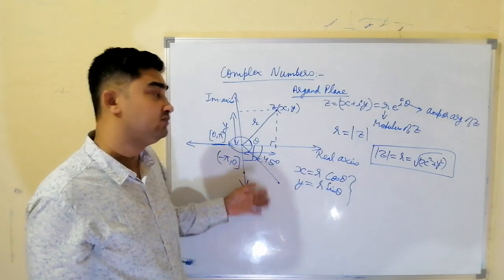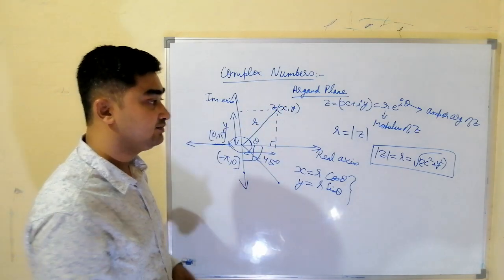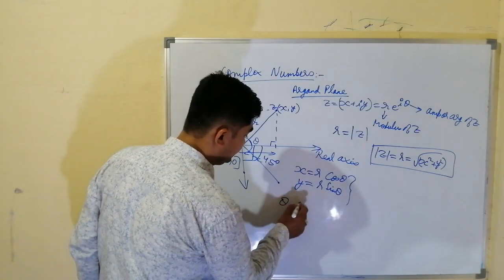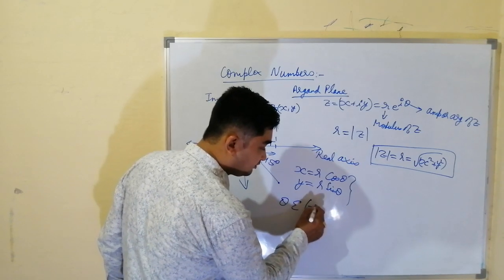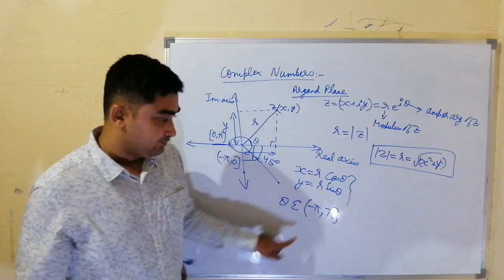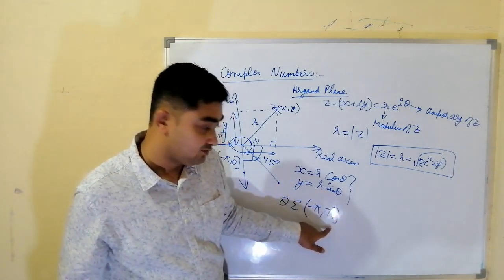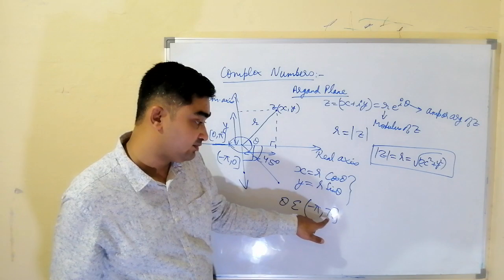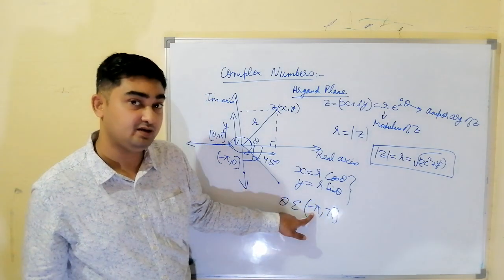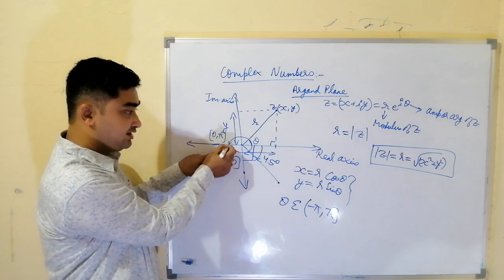In the standard form, whenever we write a complex number, the theta should belong to minus pi to pi, where minus pi is the open interval and plus pi is in the closed interval. That means it can be plus pi, but it can never be minus pi, because plus pi will reach here, minus pi will reach here.